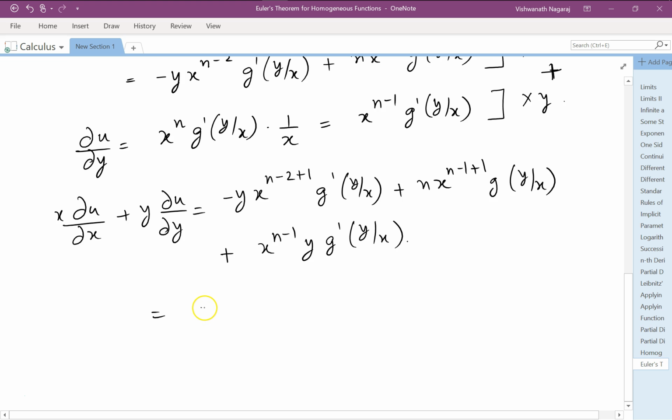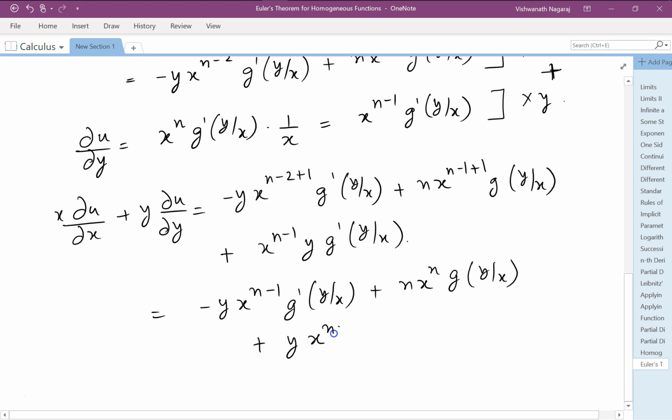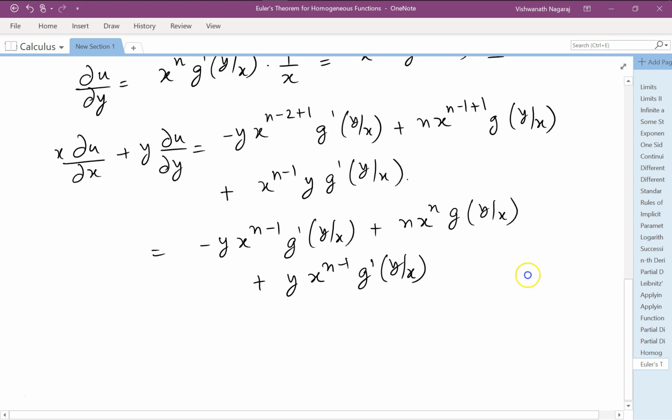Okay, so here what happens? It becomes minus y x to the power of n minus 1 g prime of y by x plus n x to the power of n g of y by x plus y x to the power of n minus 1 g prime of y by x.